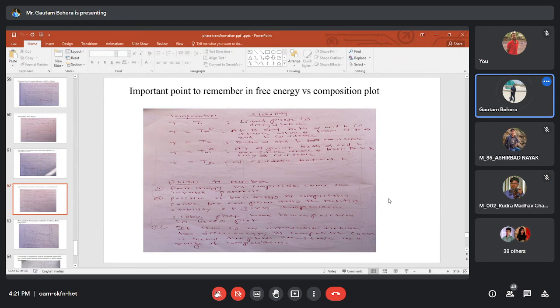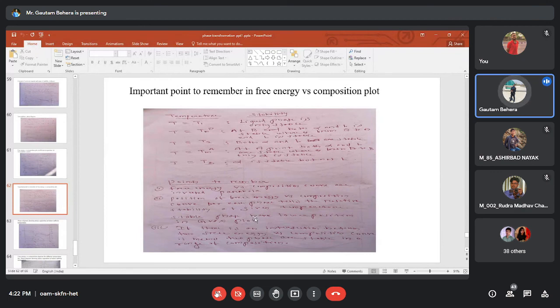Very good. So next is position of free energy versus composition curve for each phase tells the relative stability at a given temperature. Stable phase has a lower position in G versus X plot, right?